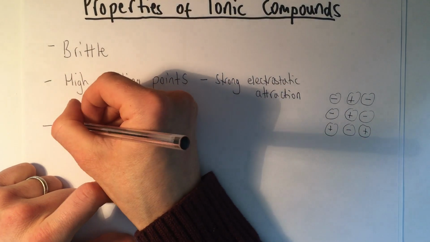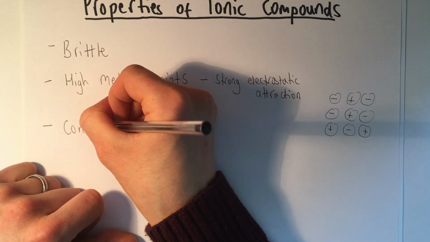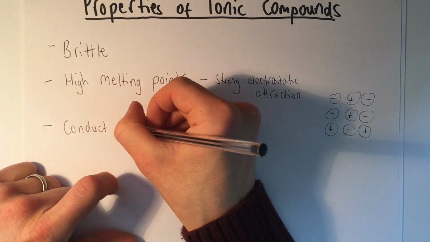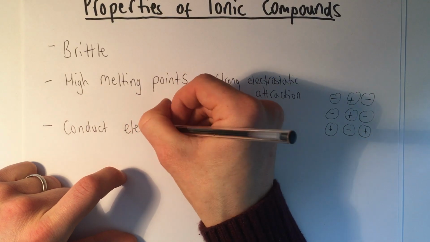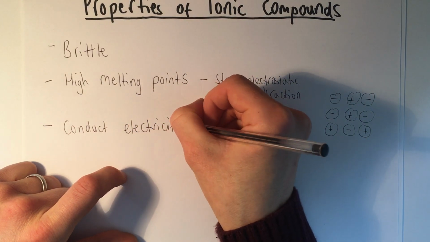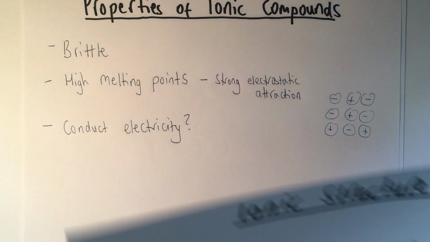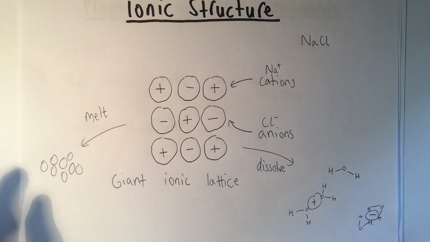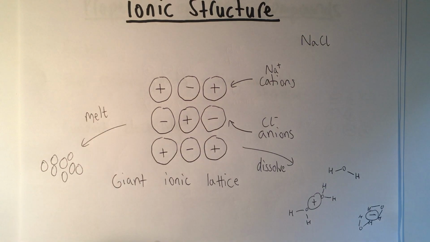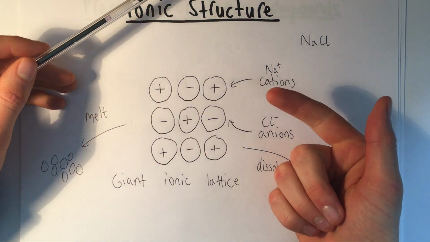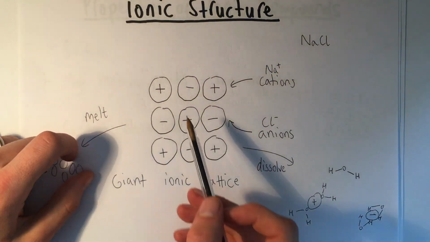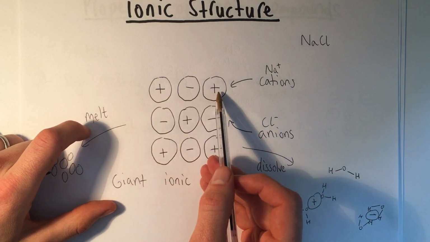Third one is whether these compounds conduct electricity. Remember, the two things that something needs to have to conduct electricity is it needs to have a charged particle that is free to move. Let's look at this giant ionic lattice. It has got charged particles.